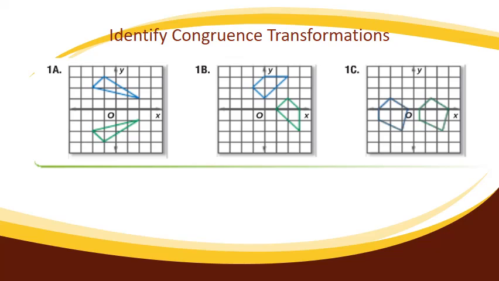And this is from example 1, where we're just going to identify the congruence transformation. So let's look here at 1A. So we got two triangles, and just by visually inspecting these, it would appear to me that this is a reflection.